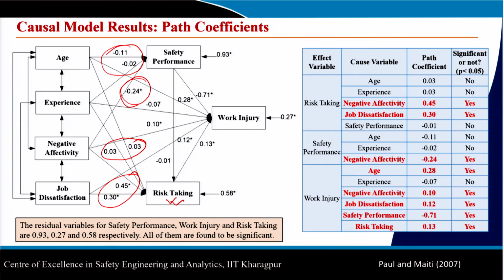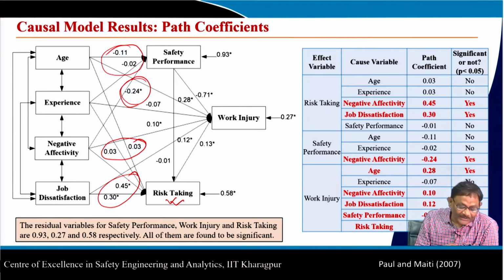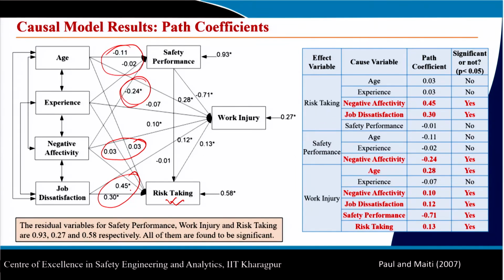So, a highly positive relationship is quite obvious, as it is expected also, and this is a standardized coefficient, meaning it will be maximum 1, minimum 0 in positive terms, 0 to 1 or 0 to -1. So, the magnitude in absolute terms maximum will be 1, minimum will be 0. So, 0.45, 0.30 is a large value in that sense.